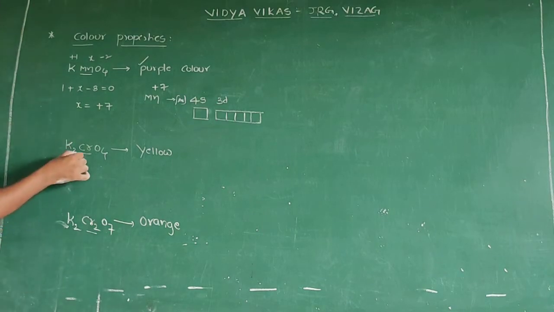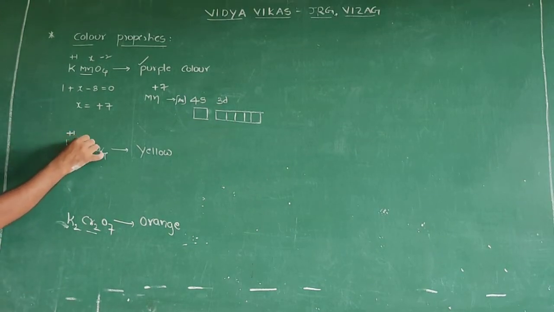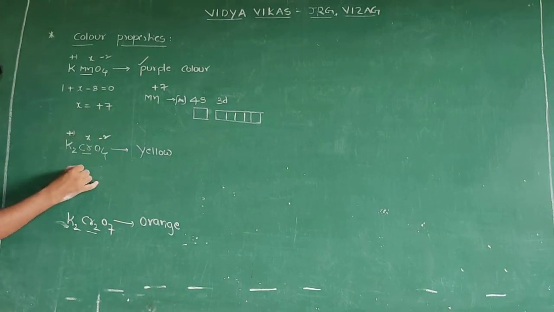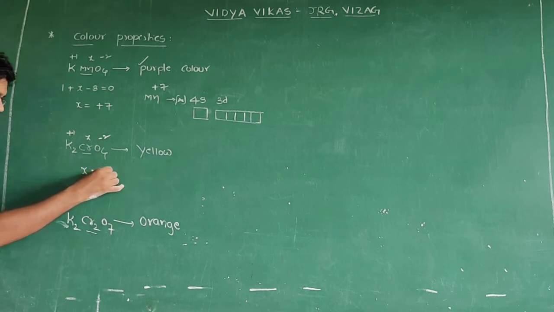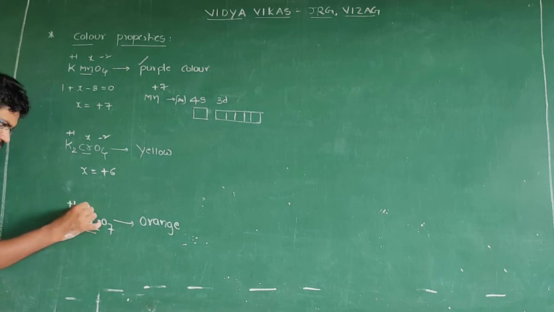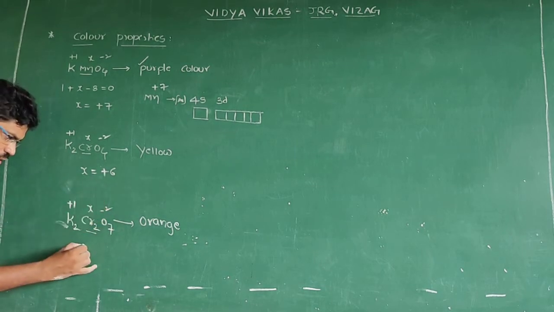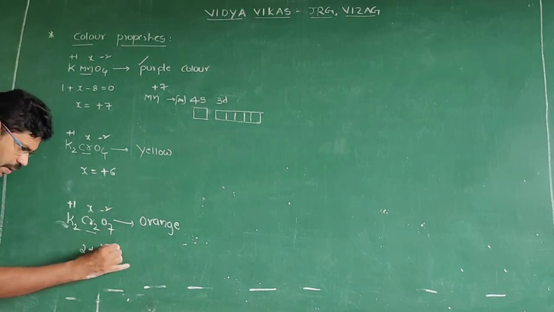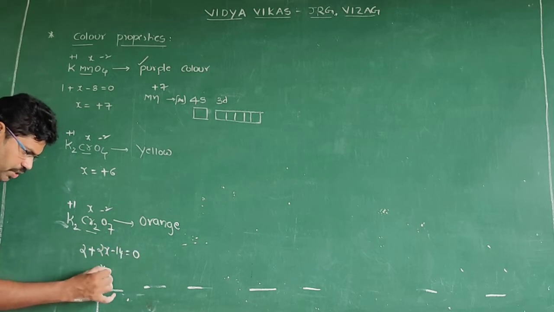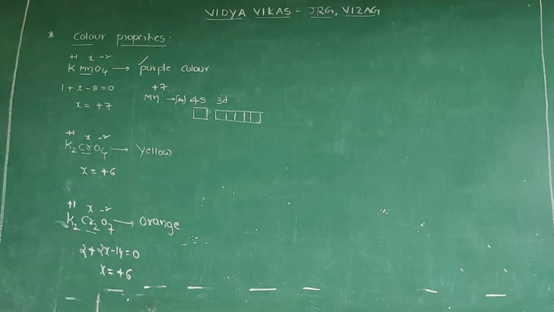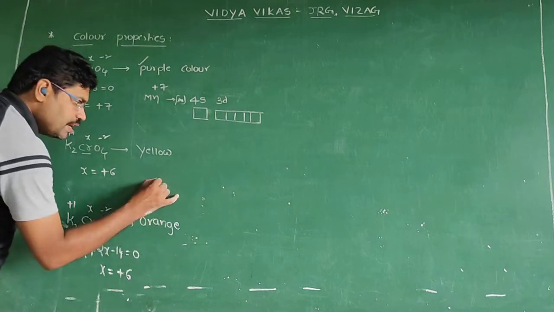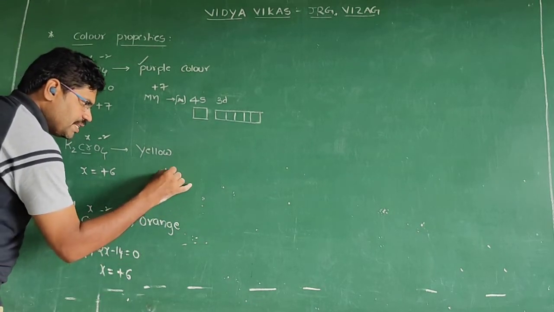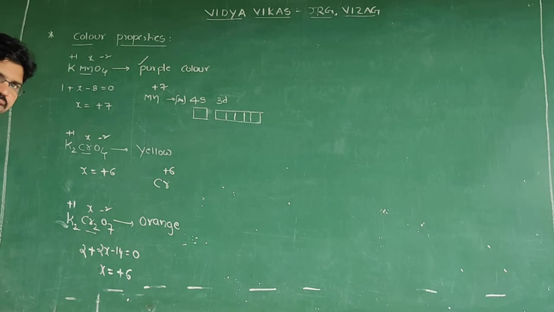While we come to K2CrO4, say this is +1, say this is X, say this is -2, and once again chromium oxidation state becomes +6. And in K2Cr2O7, once again this is +1, this is X, this is -2, and this is 2 plus 2X minus 14 is equal to 0. Absolutely X becomes +6. So in both cases chromium exists in +6 oxidation state, dear students.